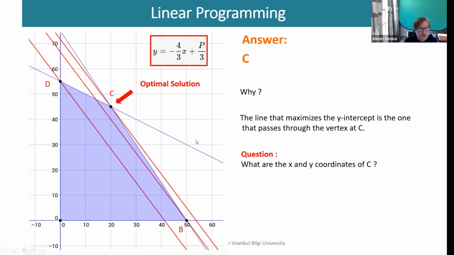Okay, but look at this. Can you give me an answer how we can find these X and Y values now? Just think about it.